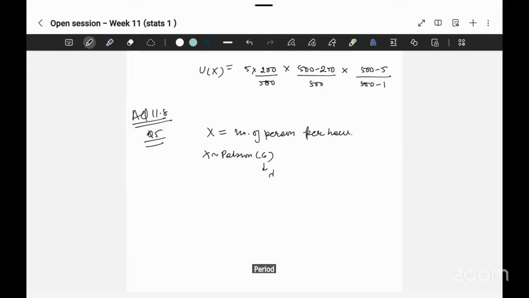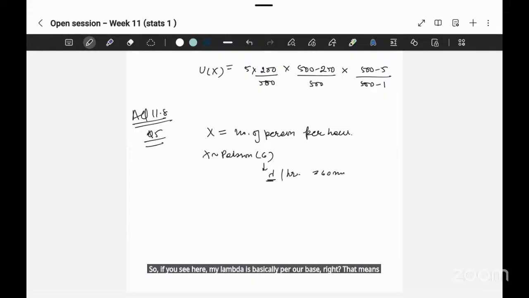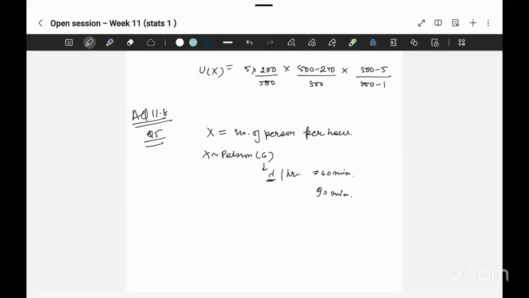If you see here, my lambda is on a per hour basis, that means 60 minutes. But I need to calculate for 90 minutes. So my parameter will change. My lambda is 6 for 60 minutes.